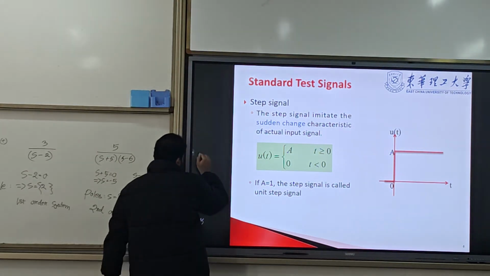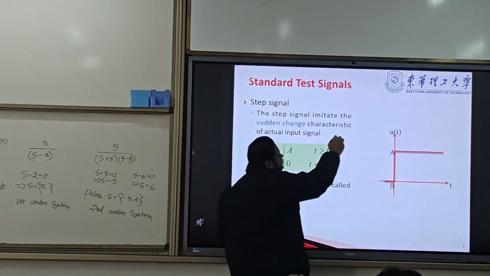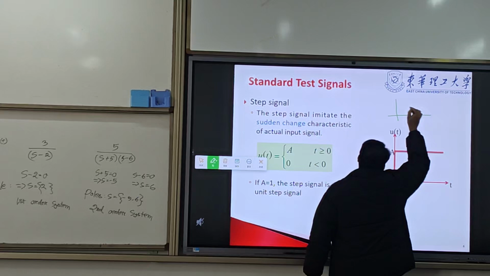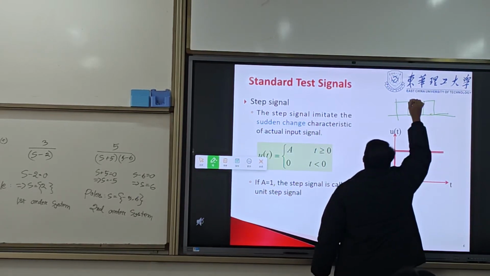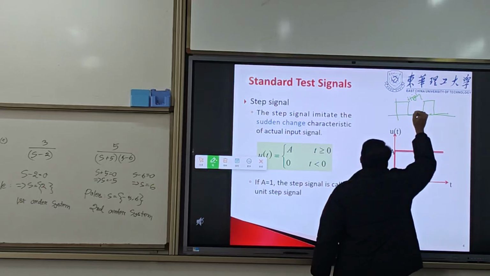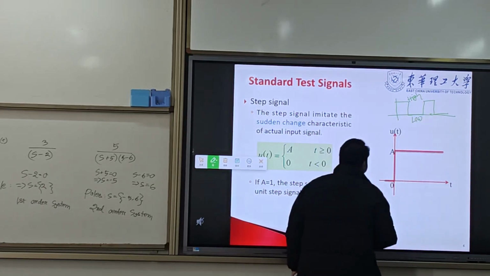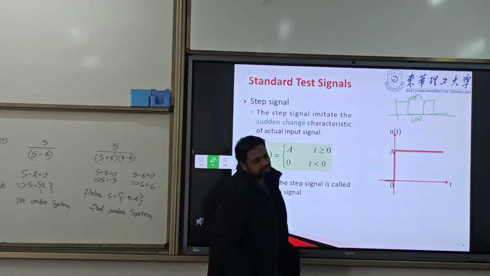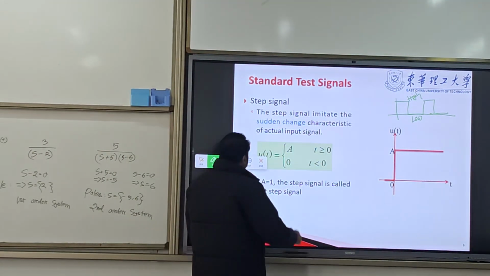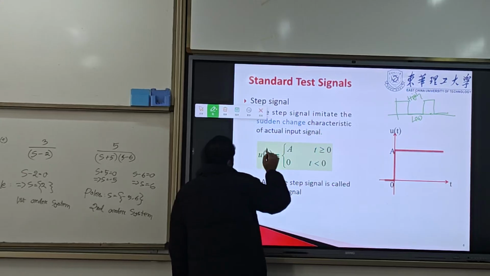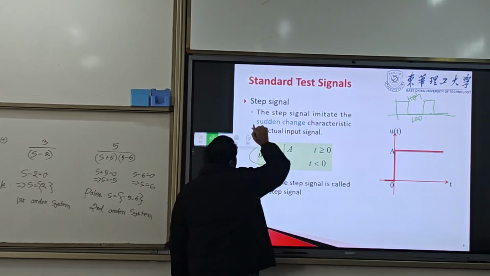How does step change happen? The step signal is defined by u(t).